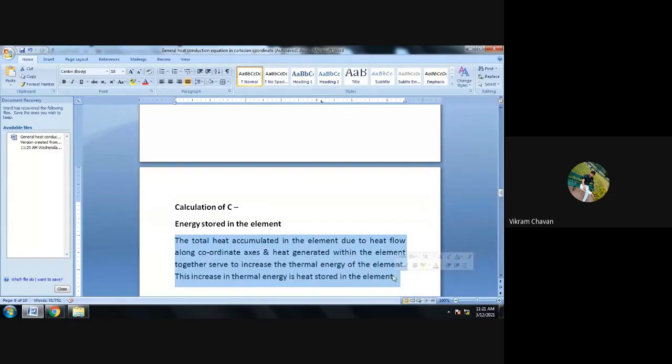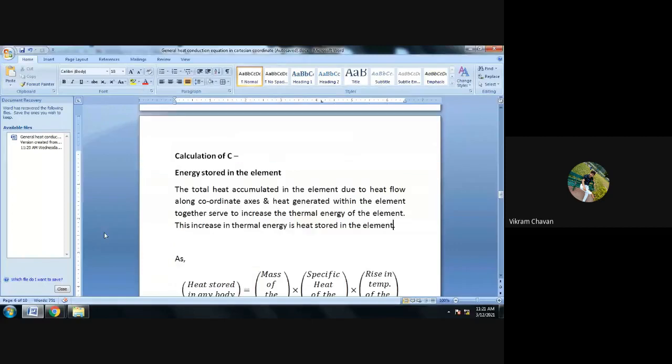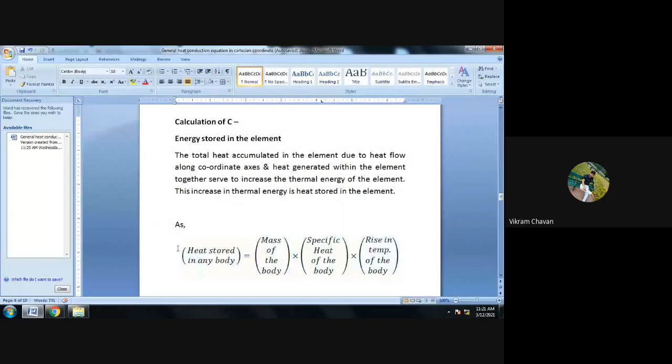Okay, so formula for heat stored in the element is, heat stored in any body is equal to, you have dealt with this particular formula in thermodynamics also.